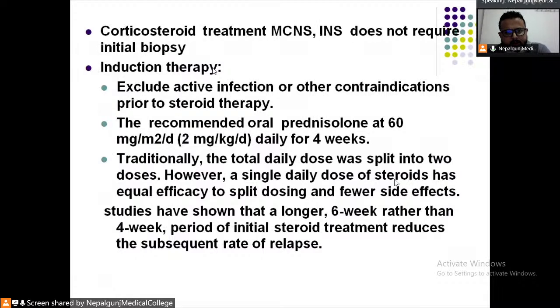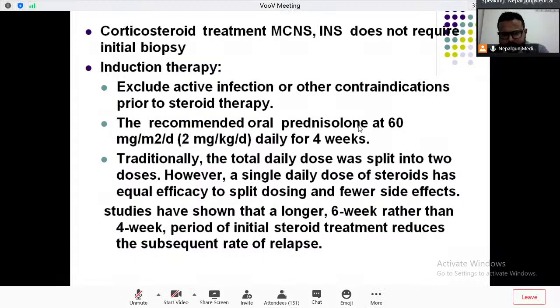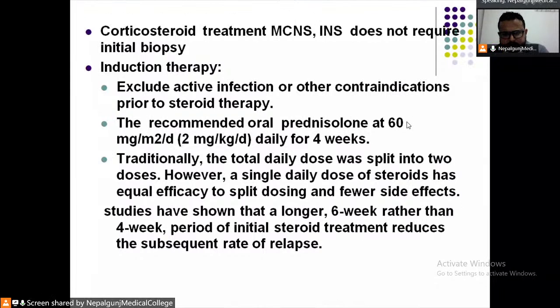Induction therapy: first of all, you have to exclude the presence of infection or any other contraindication to steroid therapy. Then start prednisolone at around 2 mg per kg dose. If the body weight is around 60, you can start with 2 mg per kg per day, given daily for 4 weeks.